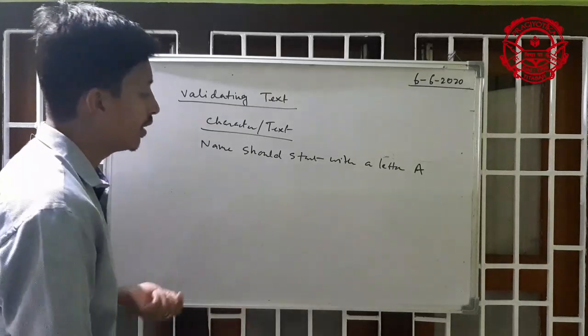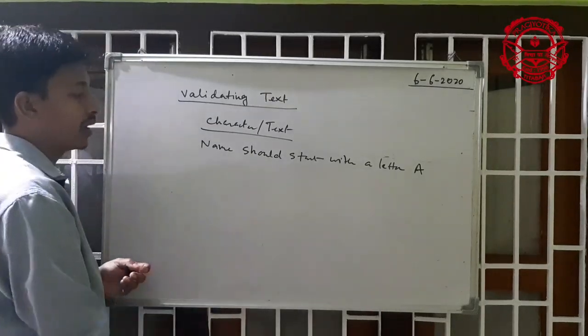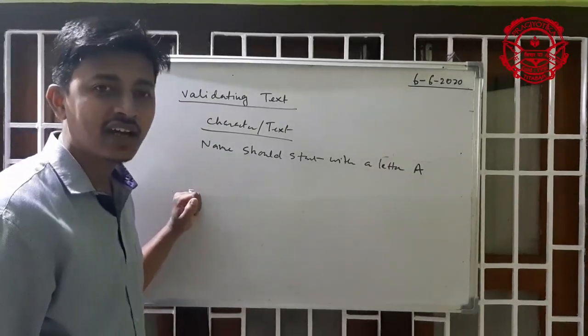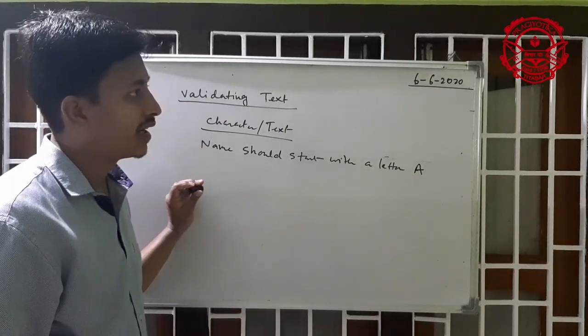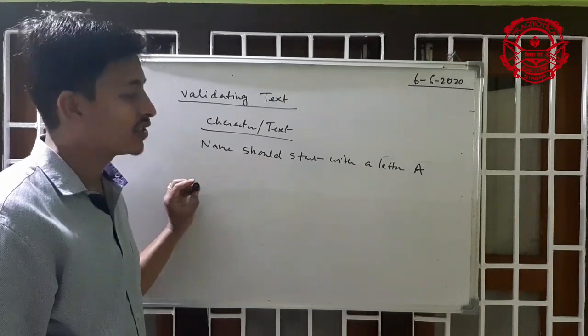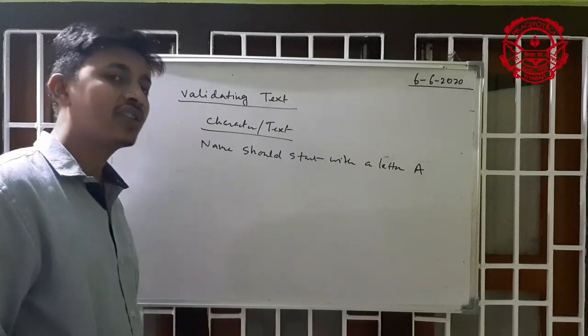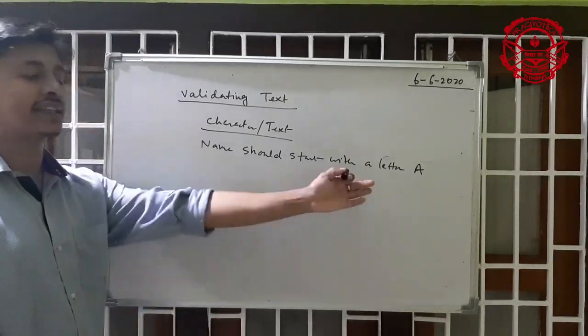For example, say Avinash, Asta, Afreen. In this way, the letter A is coming because his or her name starts with the letter A.